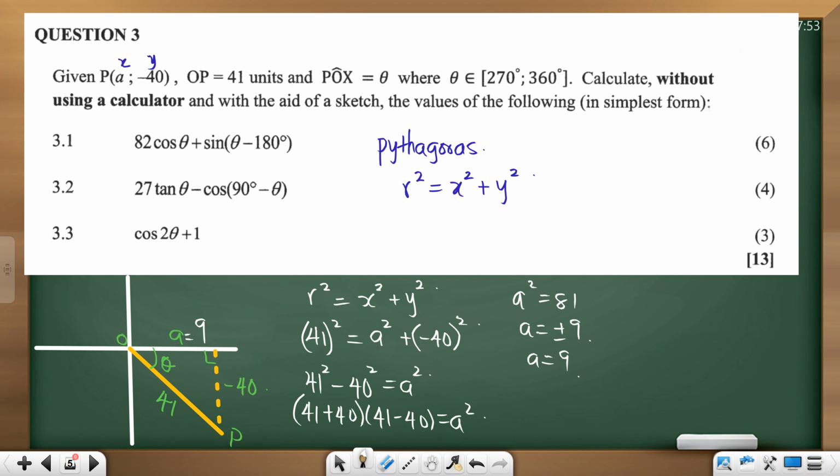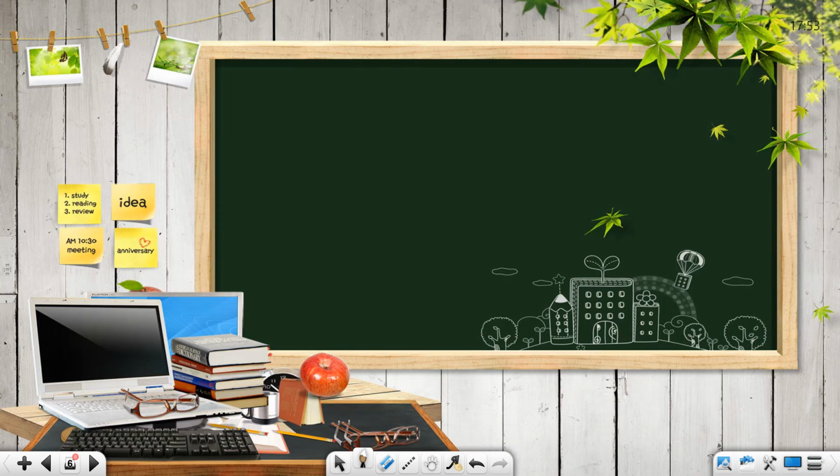82 cos theta plus sine theta minus 180. I actually like this question. Can we get cos theta? What is cos? Adjacent over hypotenuse. What is my adjacent? We are looking at this angle. 9. What is my hypotenuse? 41. Oh, let me write this question. 82 cos theta plus sine theta minus 180.